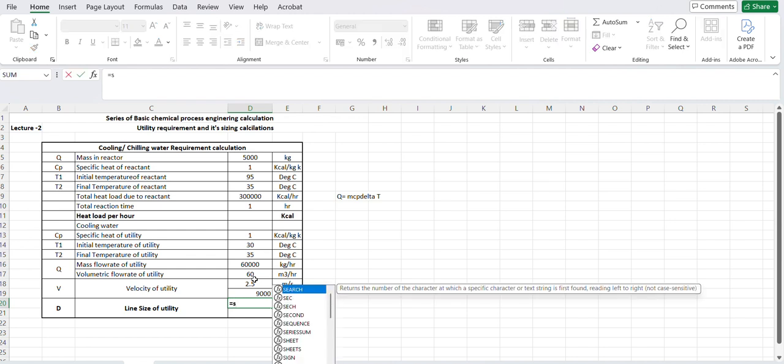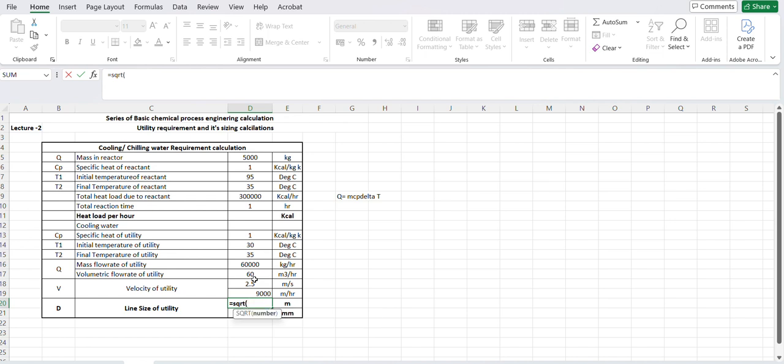So here we calculate the square root of flow rate divided by velocity into pi by 4. Okay, so that's the actual line size required in meter.